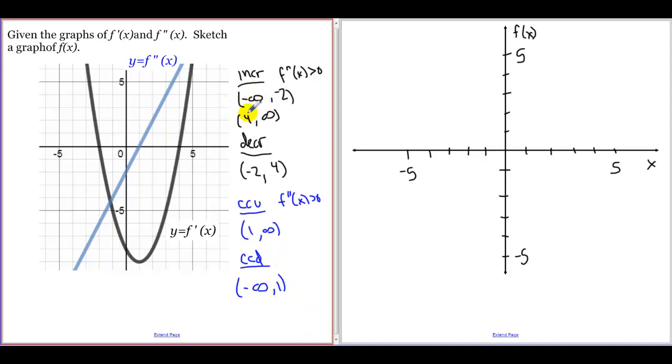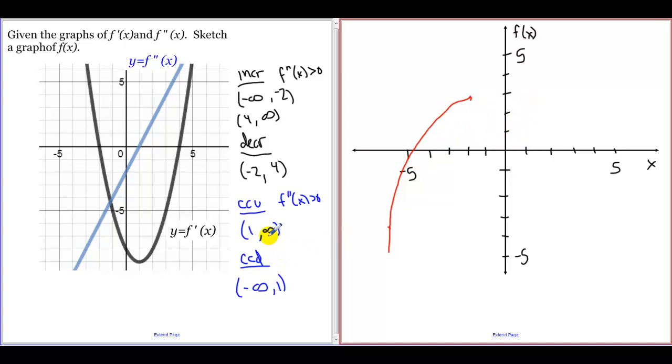Okay, so I'm increasing from negative infinity to negative 2, and I'm increasing concave down. So from this point to 2, we're going to be concave down but increasing. Now I'm still concave down, but I start decreasing all the way to 4.